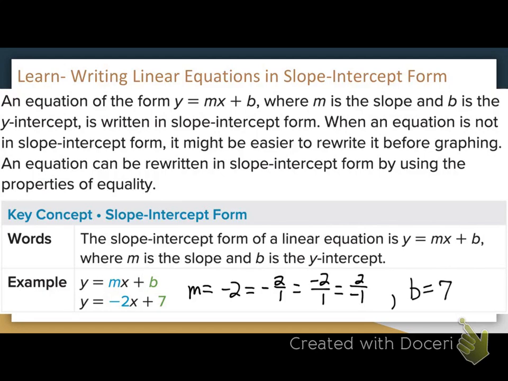So if I'm doing rise over run from the y-intercept of 7, I'd go down 2, right 1. Because negative tells me to go down, positive tells me to go right. If I was using the other one, I'd go up 2, left 1. We okay with that?